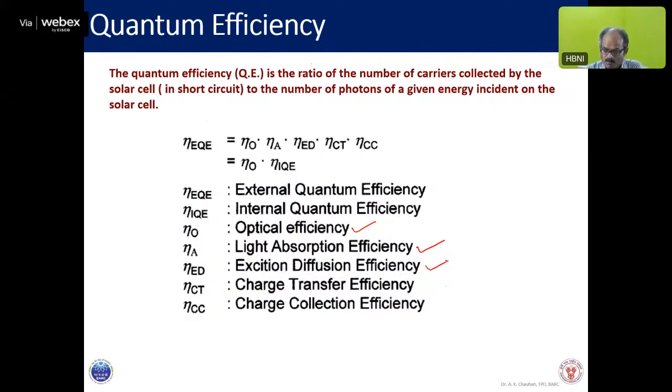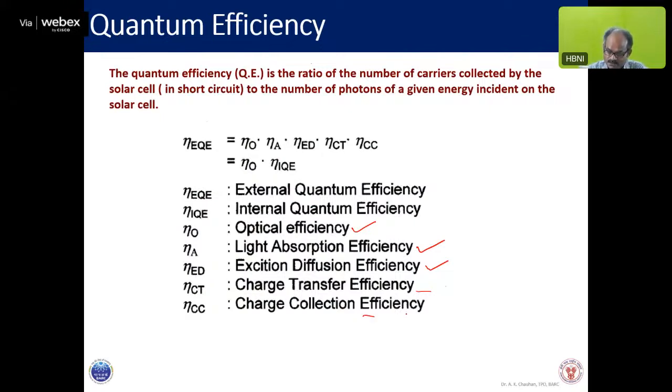Then out of them, how many absorbed photons have produced excitons, and then the exciton should diffuse also, that is the exciton diffusion efficiency. Then there is the charge transfer efficiency: how much of the generated charge has actually moved to the electrodes.